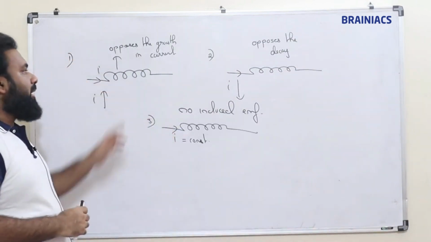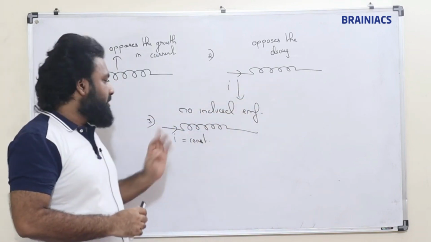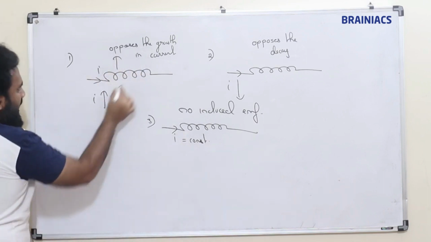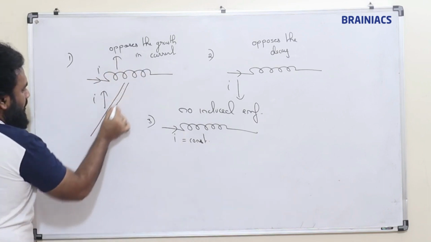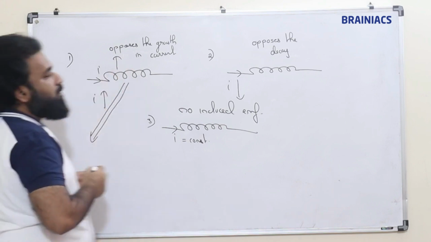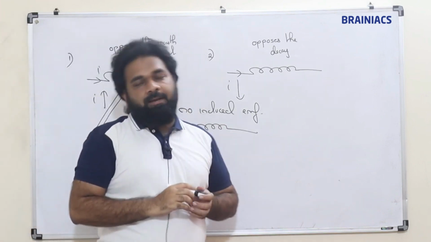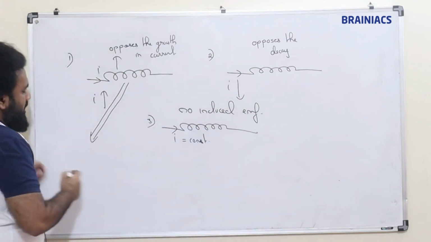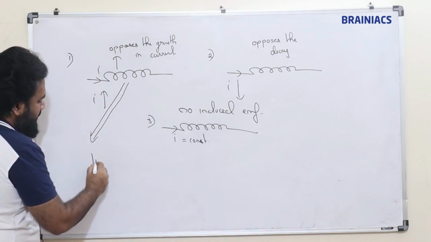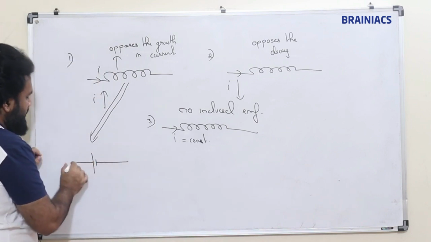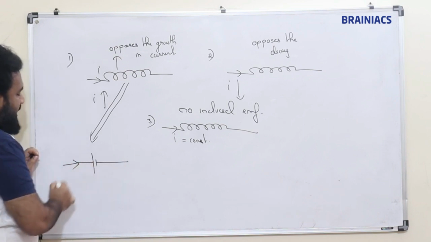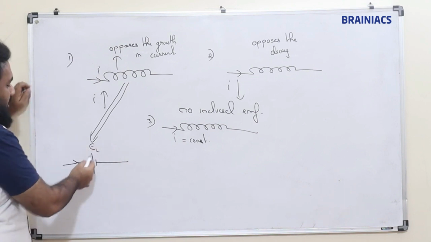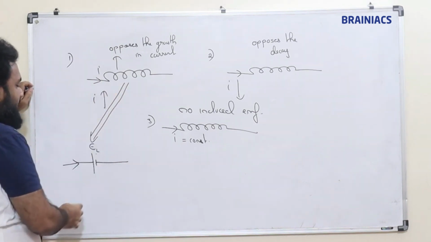From this, what I am going to tell you is, in this case, this induced EMF will oppose the current. If current is coming like this, EMF will be induced in this coil, EMF due to this inductor.